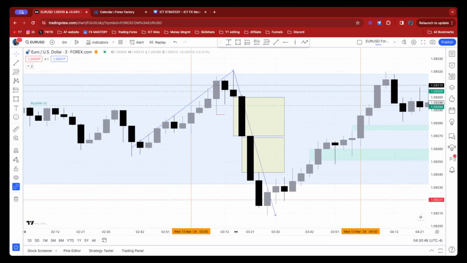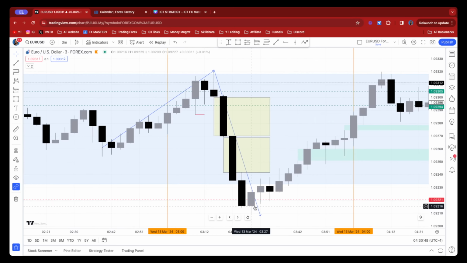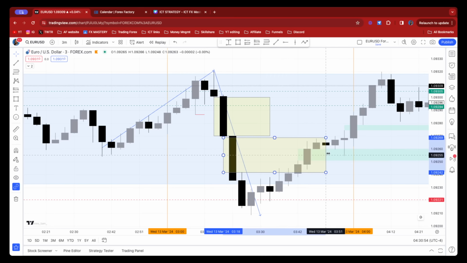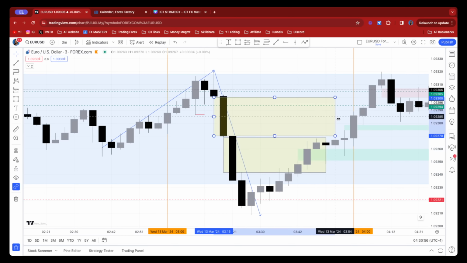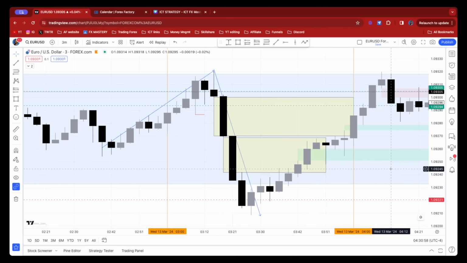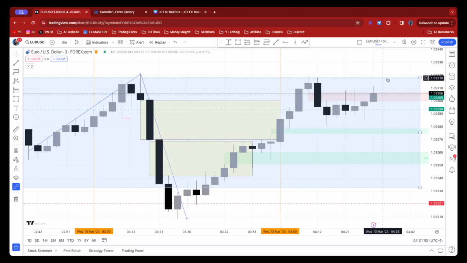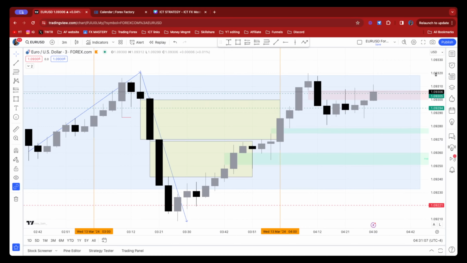And when the price took out this level of sell side liquidity, it recharged again. And by recharging again, it went higher without respecting this fair value gap, without respecting this fair value gap either. Took out this previous high, which you can see here, and touched the 1.0932 level. So here.